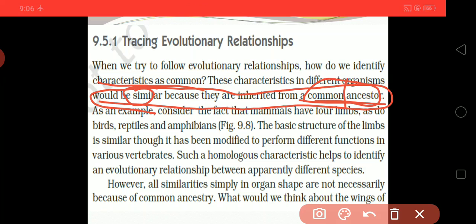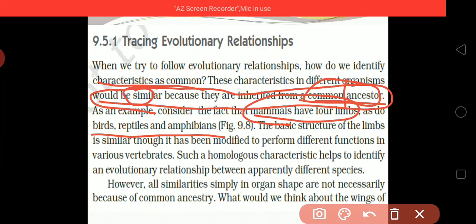As an example, consider the fact that a mammal has a forelimb, as do birds, reptiles and amphibians.